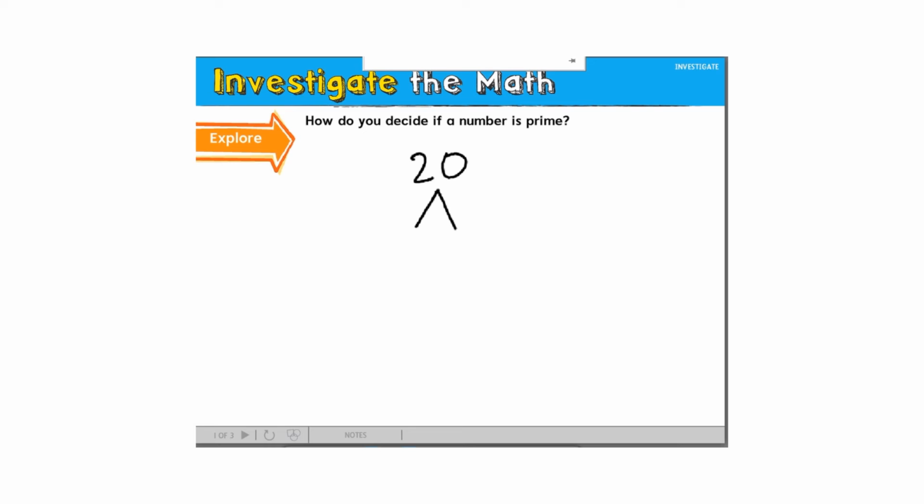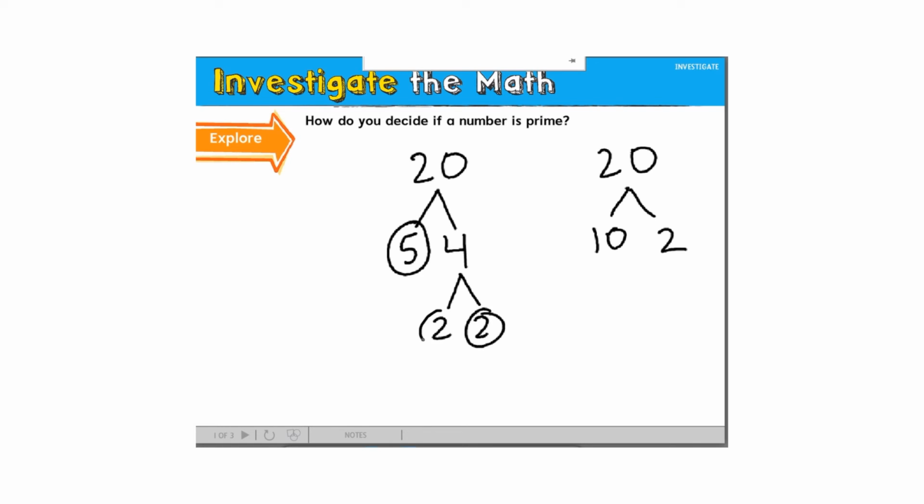So let's use 5 and 4 because that was the first one. Actually, we can, and then we'll do 10 and 2 over here. So if I used 5 and 4, 5 is a prime number. Then I had to continue with the 4. So we're finding the factorization of 4, which is 2 times 2. Circled both of those. And then we do not need that number, right? Because that is not a prime number.